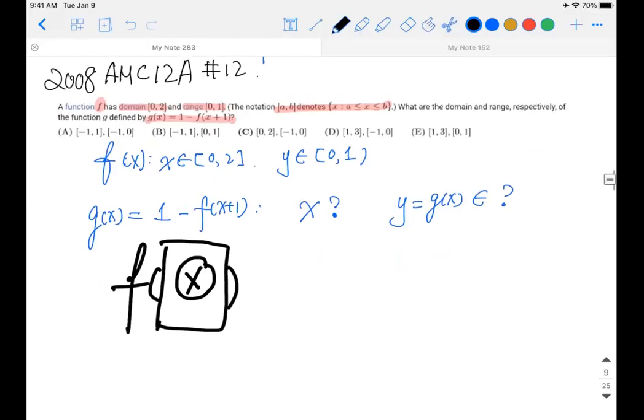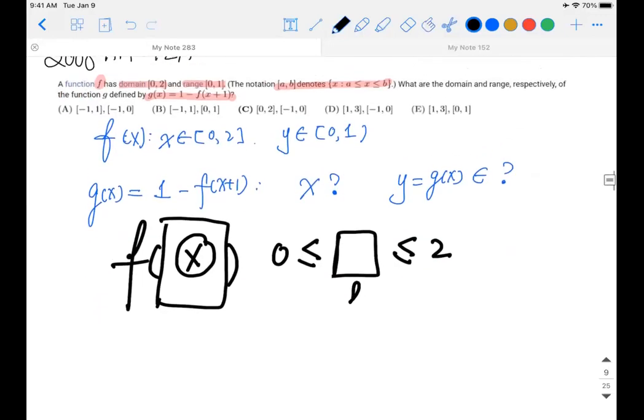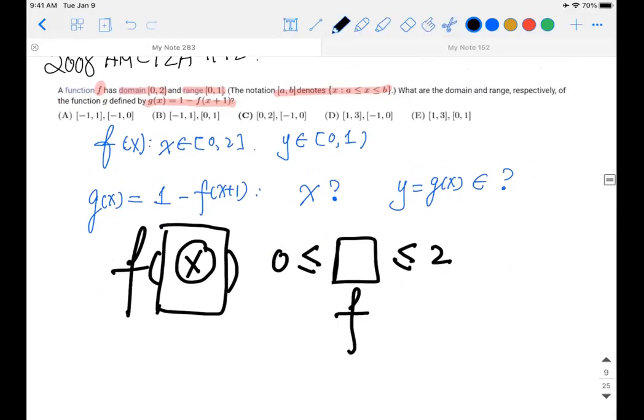Everything within the box should be between 0 and 2. This is very understandable. Also, everything that you get from f must be between 0 and 1. As long as you put in an f, f's range is always between 0 and 1. There's nothing flowery. You just follow that criterion, and that's it.